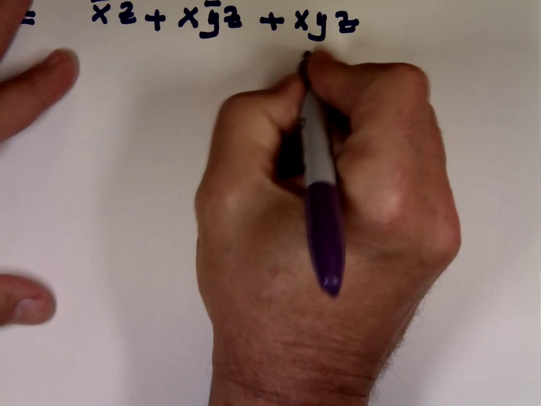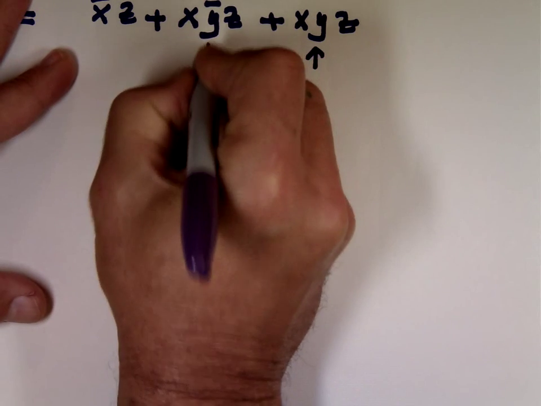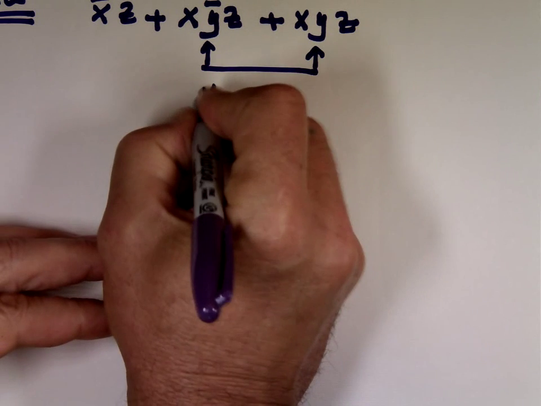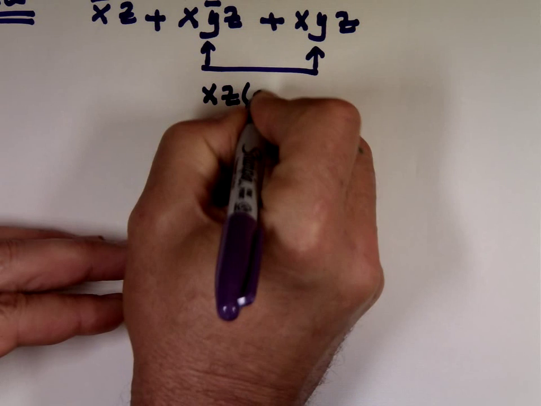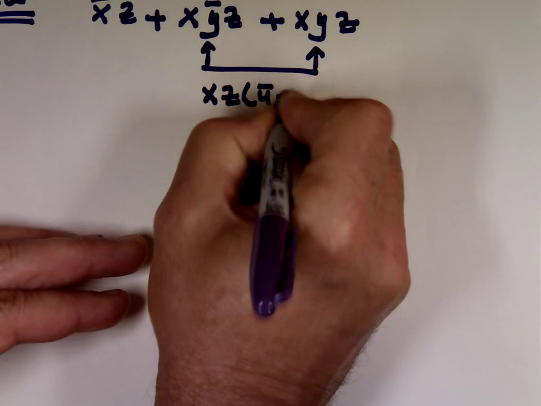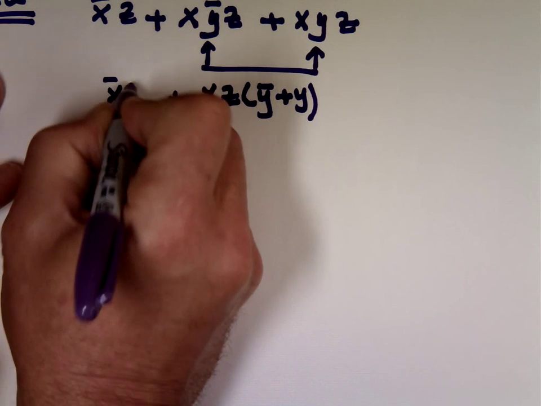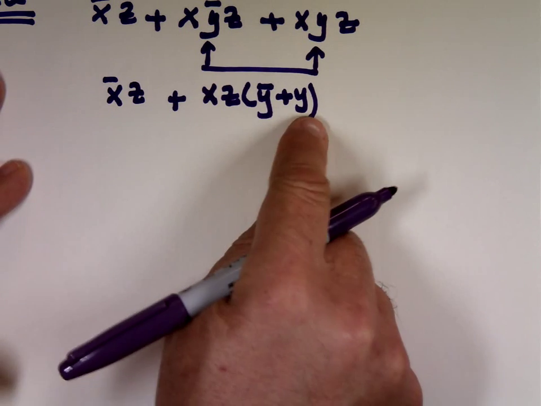See these two? What do you notice about them? They have XZ as common, right? So if I take XZ out, what's left? Y bar plus Y. What is Y bar plus Y?